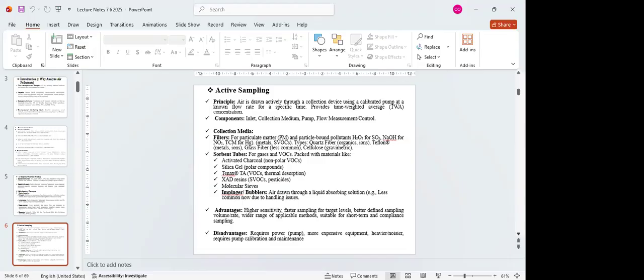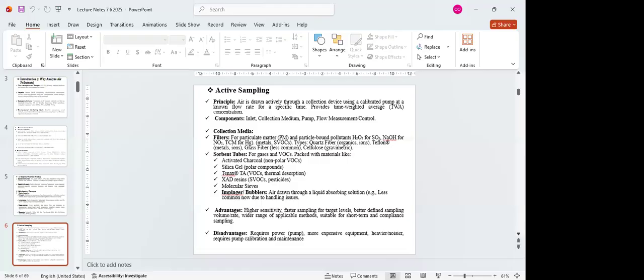And we have another component known as the impinger or bubblers. Here, air is drawn in through a liquid absorbing solution. Most times, we draw them in, and then we trap the air there, and we analyze the air from there.